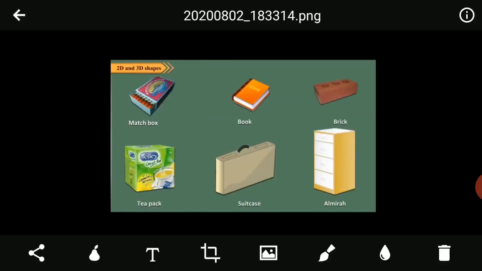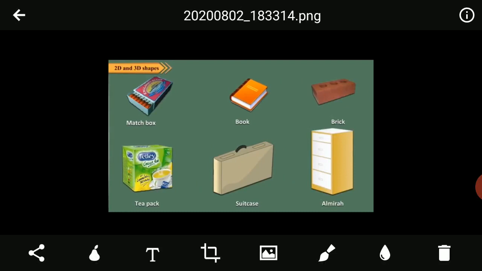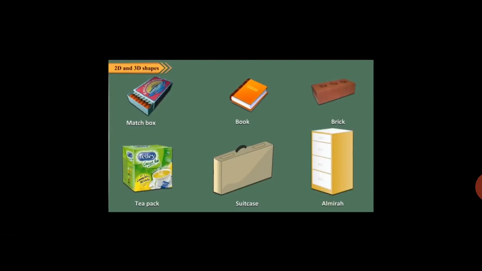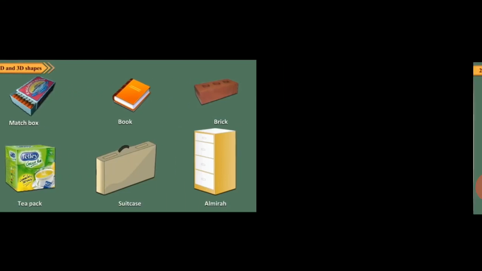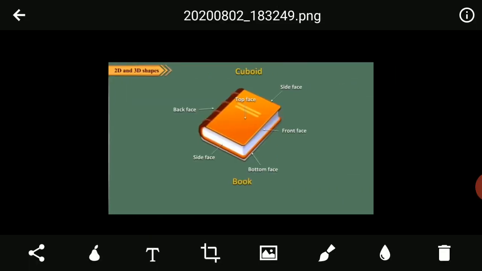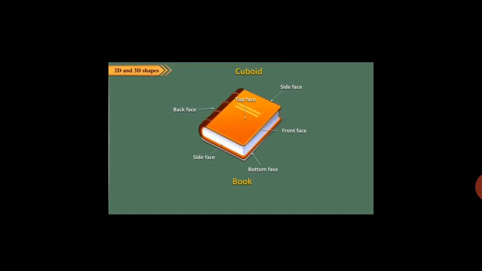Now we discuss this one shape. Will you please tell me which shape it is having? Yes, it is having cuboid shape. Means tea pack, suitcase, almirah, brick, book, matchbox are the examples of cuboid. Will you please tell me how many faces it is having? Total faces it is having 6. Similar like cube.